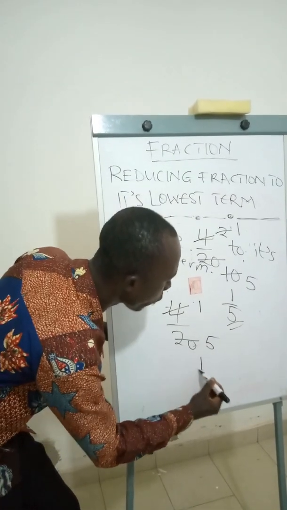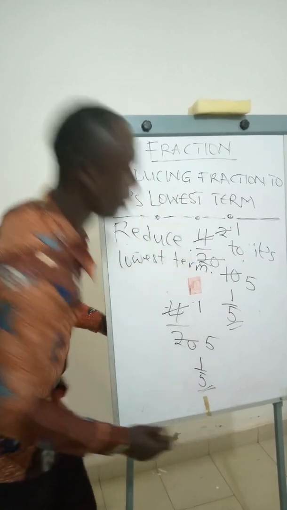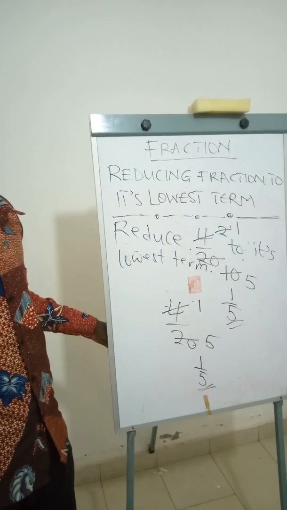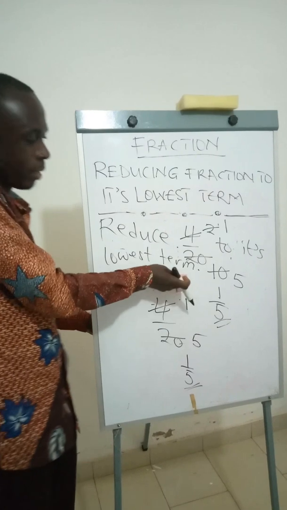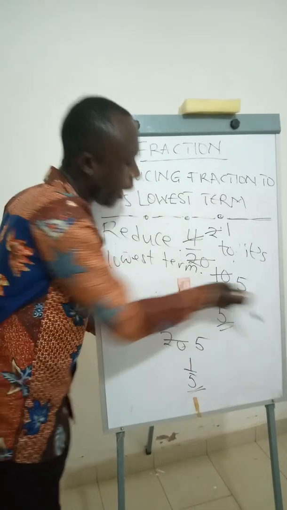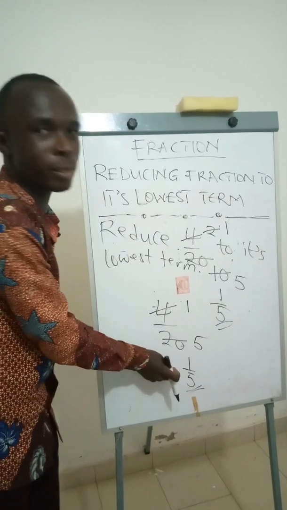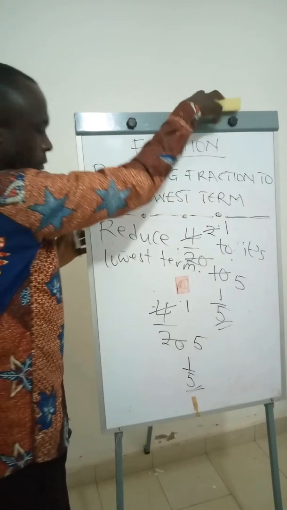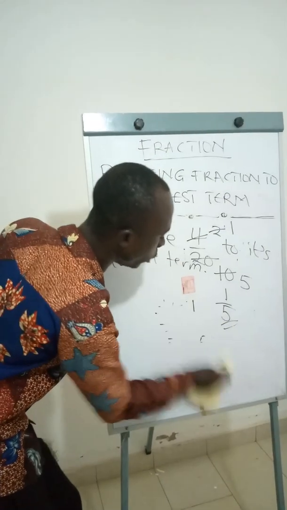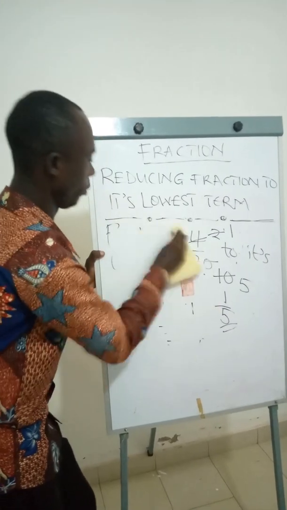You see, we are arriving at the same answer, which is 1/5. This stage, I just wanted you to understand it very well, but this is the simplest format. Let's move on to the next example.